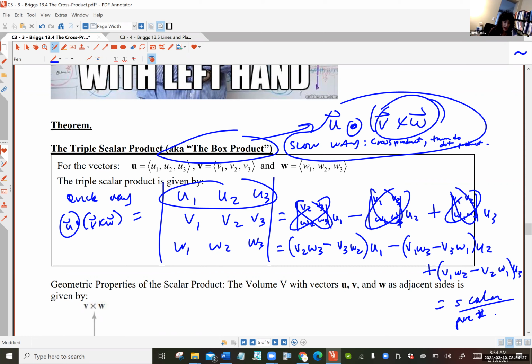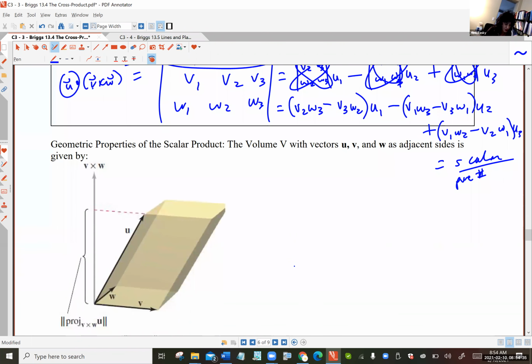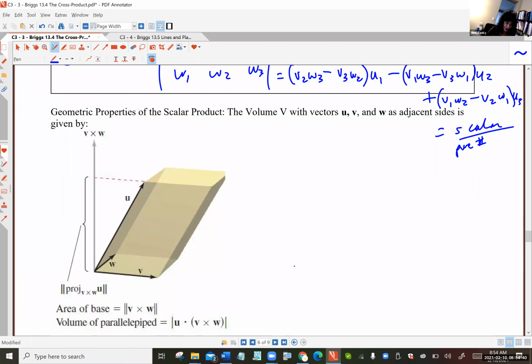Fine. Now, does that pure number represent anything? Yes, it does. It's really cool. And we're going to look at what you can use the box product for. It turns out it's the volume of a box. And if it comes up negative, just take the absolute value because you don't want volume to be negative.